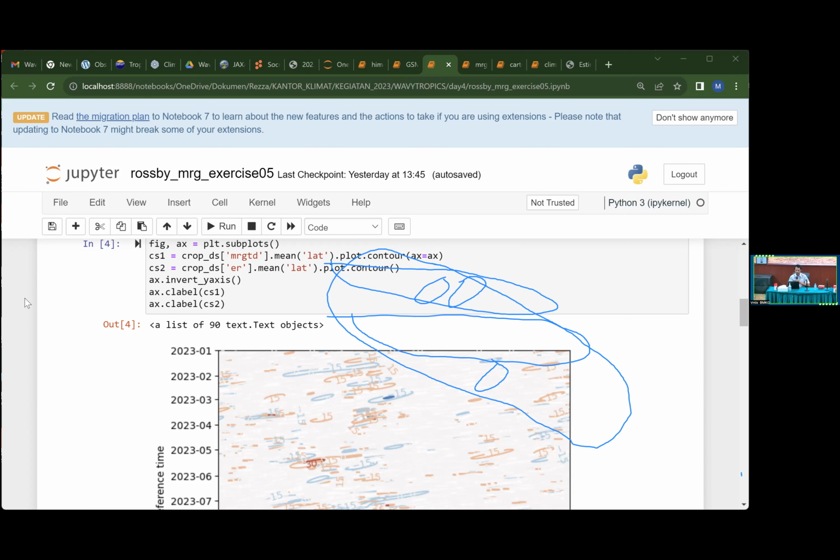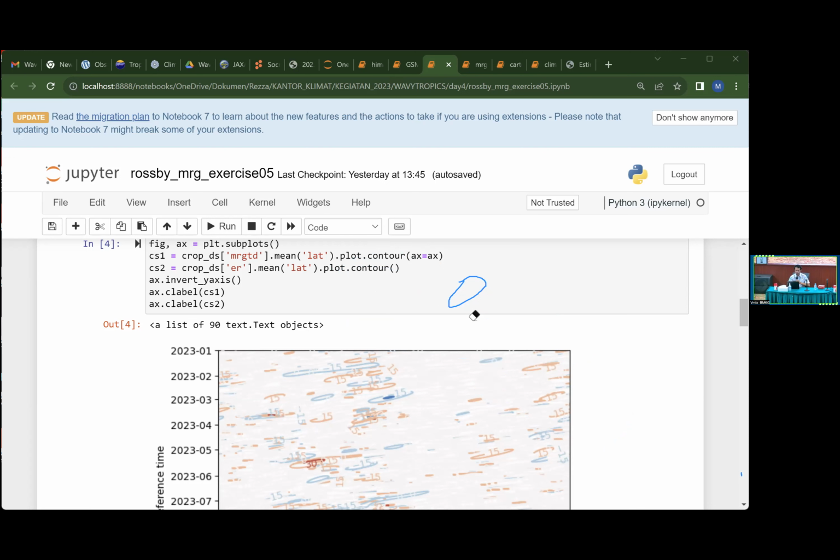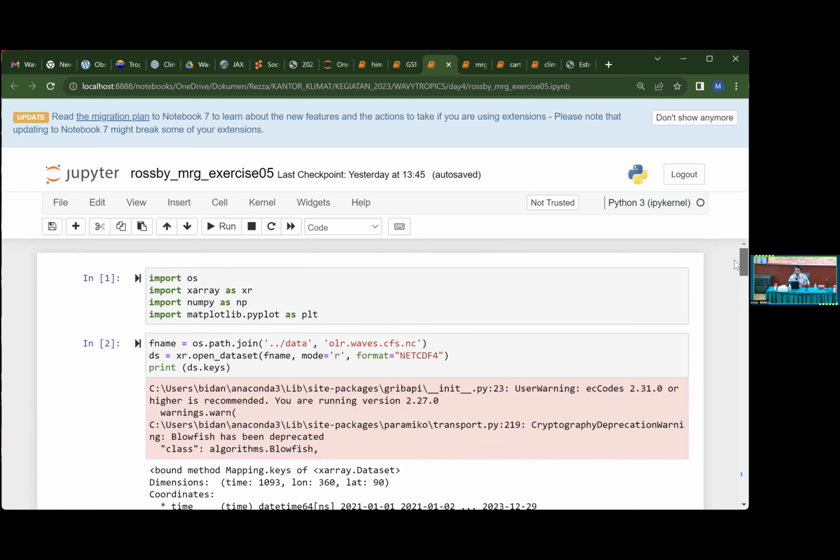Sorry, let me erase this one. So we still use the same filtered dataset, because this dataset is already filtered for all waves: Kelvin, Rossby, MRGTD, and MJO. So we can just use the same dataset to plot two waves.